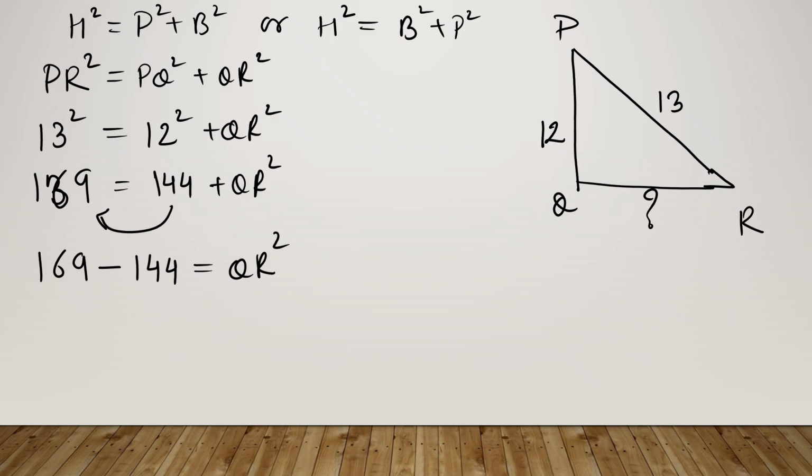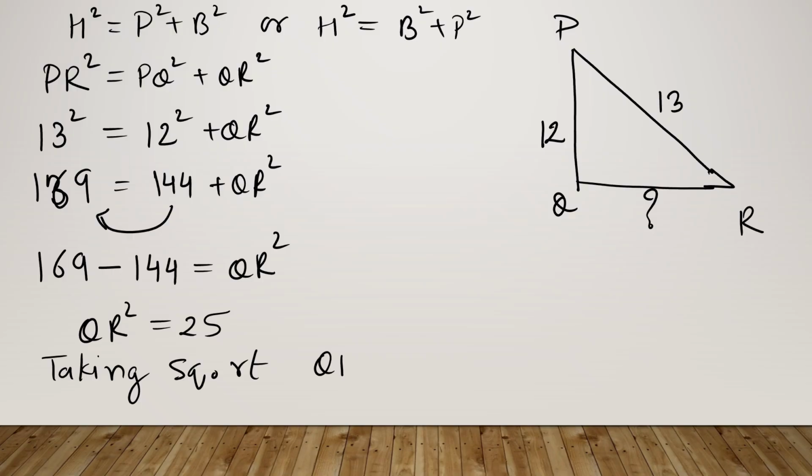Then when we subtract it, it will be 25. So we can say that QR square is equal to 25, and we already solved it. Taking square root, QR is equal to under root 25, that is equal to 5 centimeter.